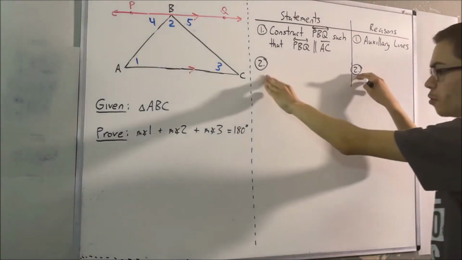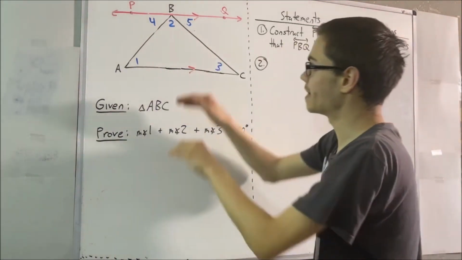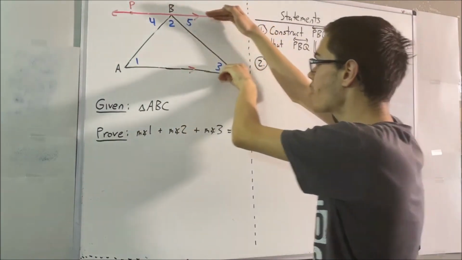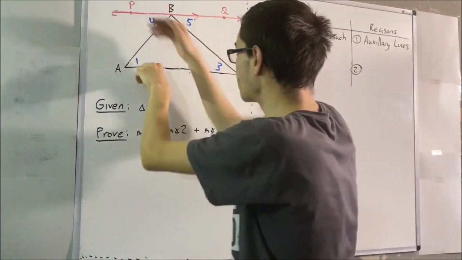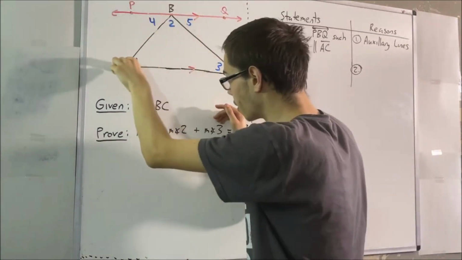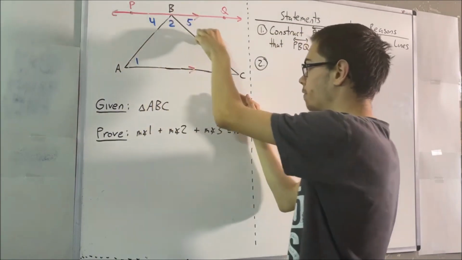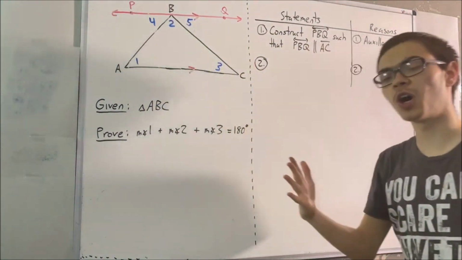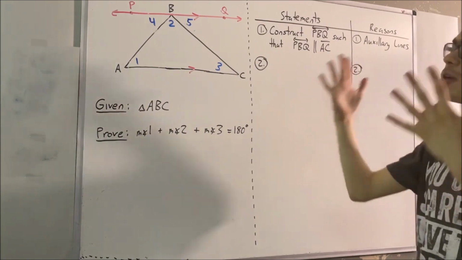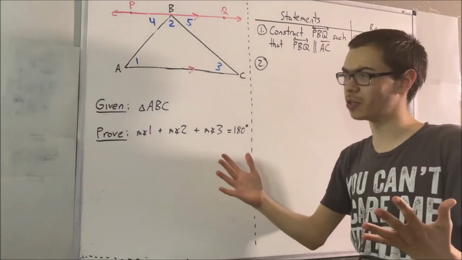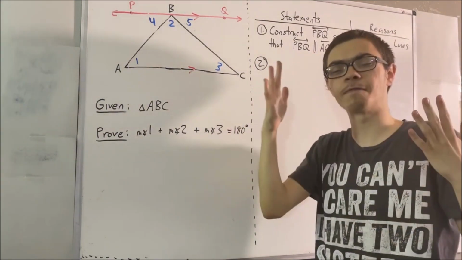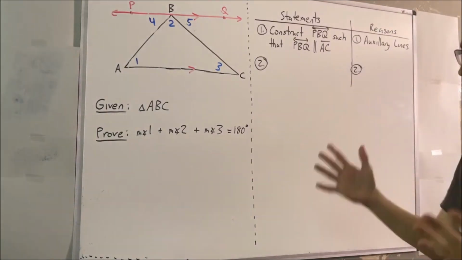Now, for step 2, what I want you to notice here is that we have 2 parallel lines being cut by a transversal here and by a transversal here. Now, if you recall, if 2 parallel lines are cut by a transversal, then the pairs of alternate interior angles are congruent.